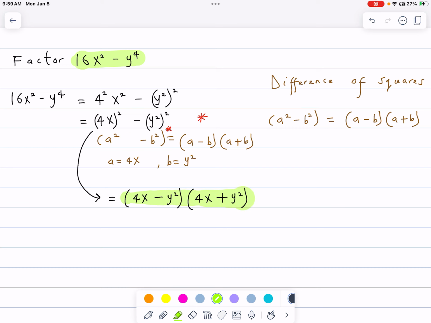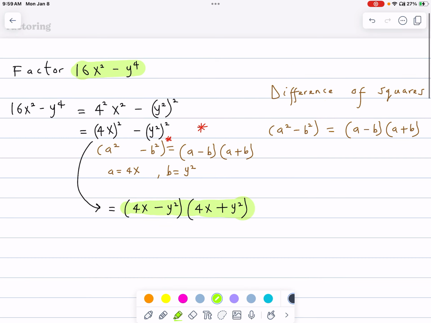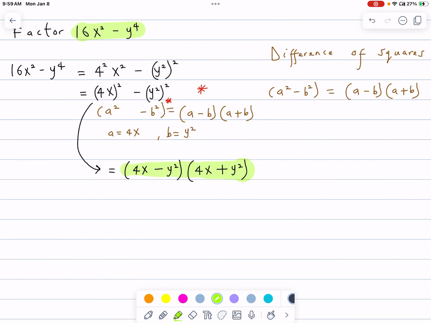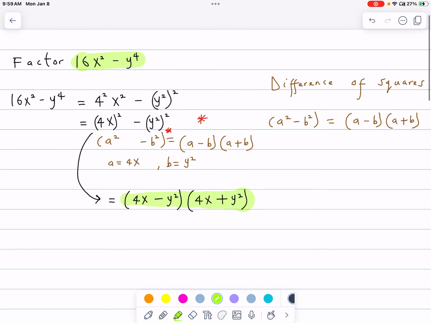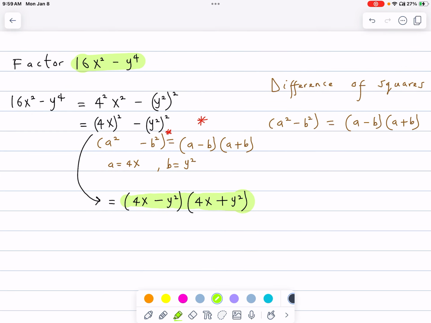So I'm quickly going to go over it again. To factor 16x squared minus y to the power of 4, in general when you want to factor, you look at each term in the expression to see if there is any common factor. In this case, there is no common factor, so we need to do it a different way.